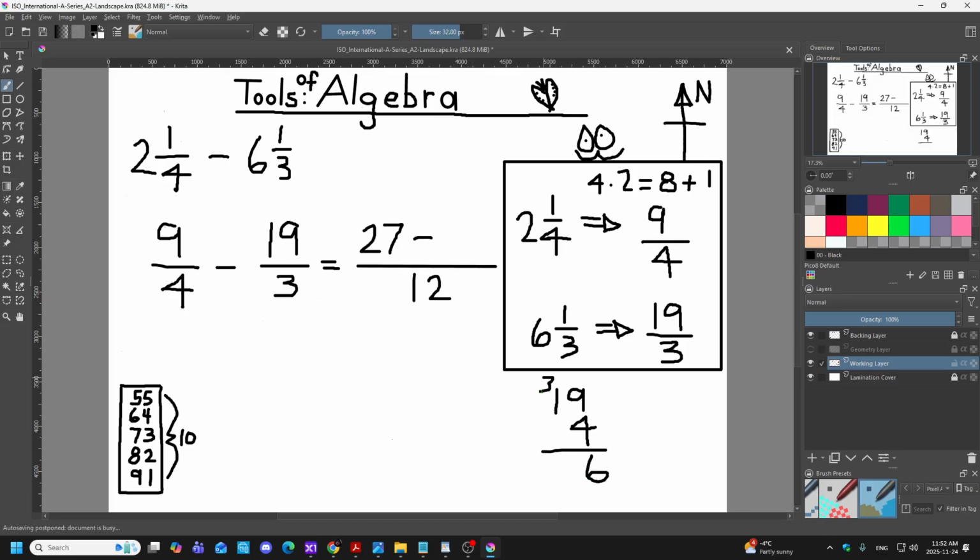Carry the 3. 4 plus 3 is 7. Okay. So seeing the work here, looking at our numerator, I'm just going to bring the work down to here. Okay. I'm just going to do that.